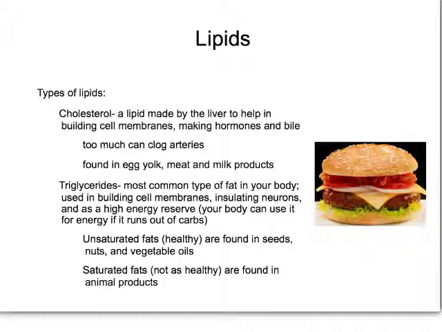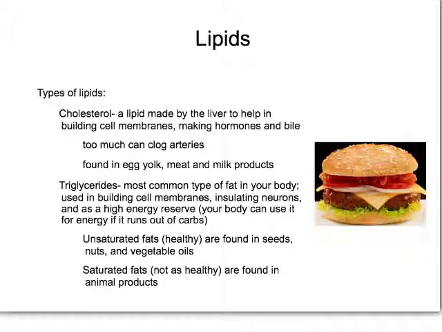Lipids are also called fats, if you remember from an earlier lecture in the semester. There are a couple types of lipids. Cholesterol is a lipid made by the liver to help in building cell membranes and making hormones and bile. So cholesterol is important for your body. Otherwise we couldn't make cell membranes and make new cells.